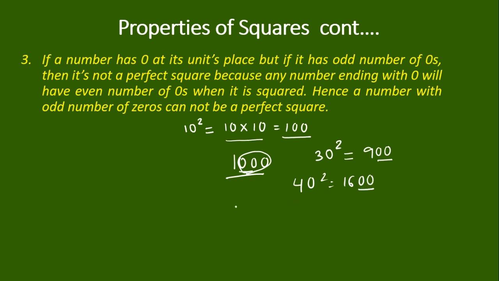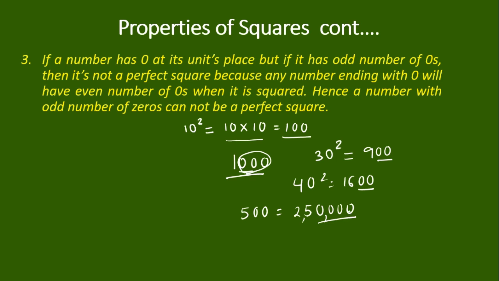If I want to find the square of 500, it will be 25 followed by four zeros, which is 250,000. So this is also a perfect square number. And a total of four zeros are there.